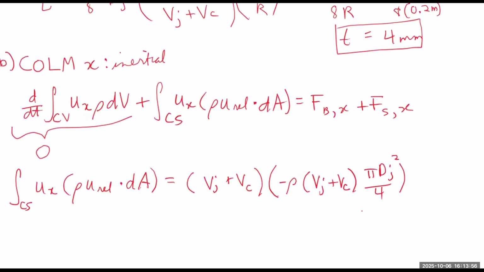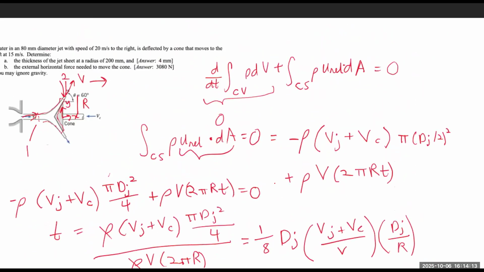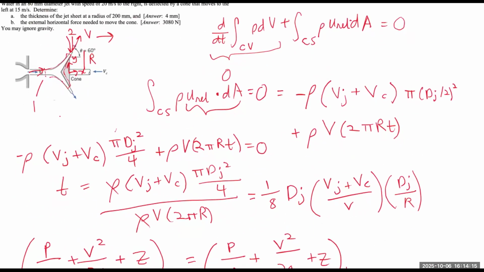And we're going to add the x component of velocity at the exit. So that one is going to be equal to V cosine theta at the exit.